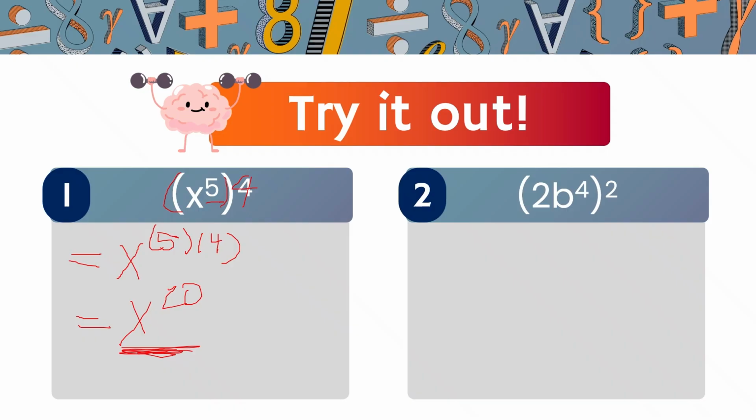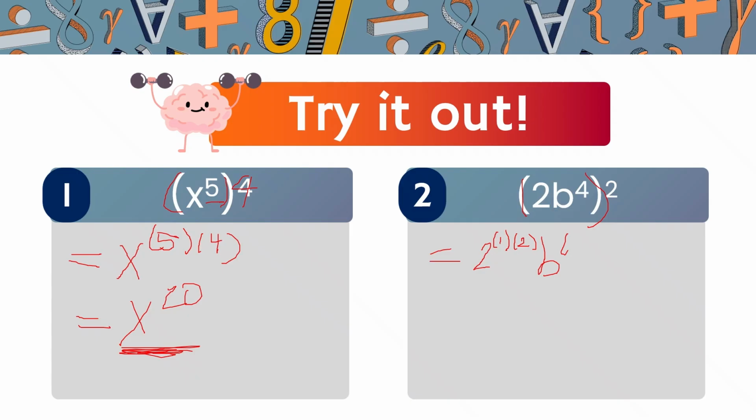Next example is 2b raised to 4, open and close parenthesis, raised to 2. So we will multiply the exponents. So what is the exponent of 2? 1. So 1 times 2. And then b, what is the exponent of b?